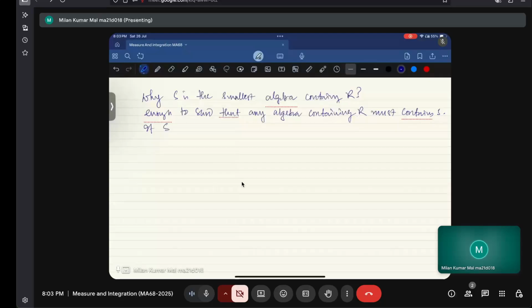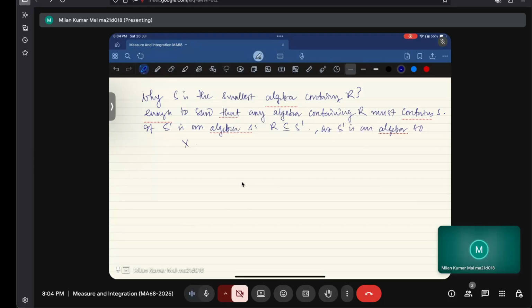If S prime is an algebra such that R is contained in S dash, then as S dash is an algebra, X will be there.